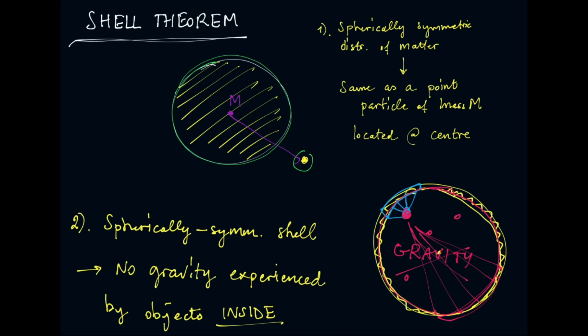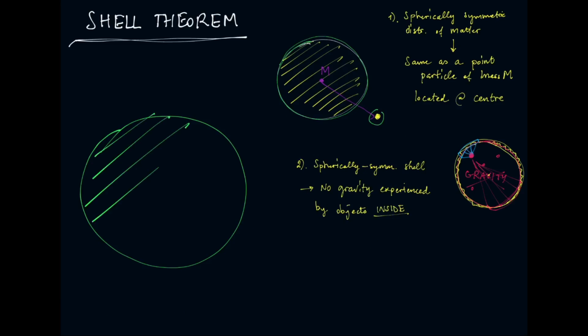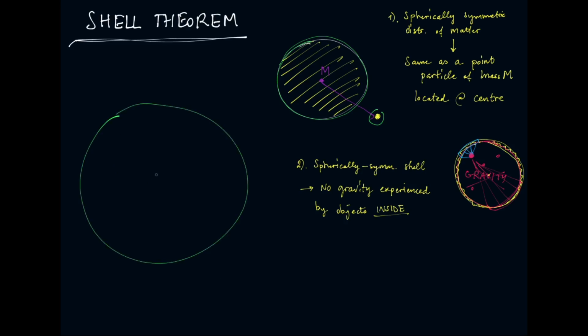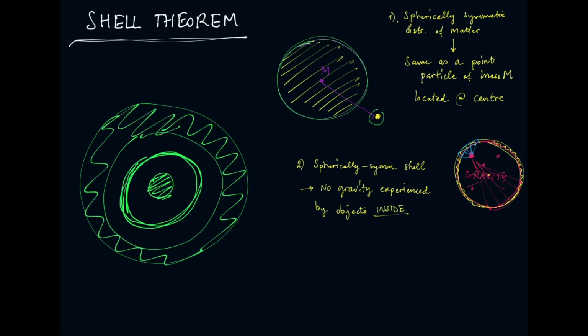We'll use this because it simplifies calculations greatly whenever you have a spherically symmetric object. The typical case that we consider is the following, where you have an extended object that's spherically symmetric. It doesn't mean that it's uniform, by the way, but simply spherically symmetric. For example, it may have, let me draw it again, a core, and then a hollow section, and then a small uniform shell, and then another hollow section, and then a more extended region that's full.